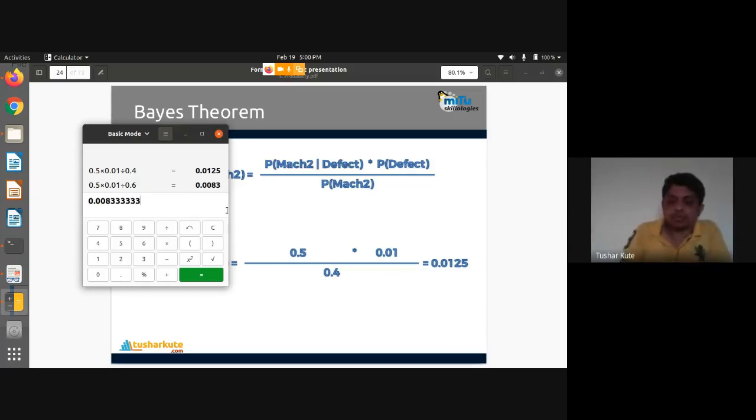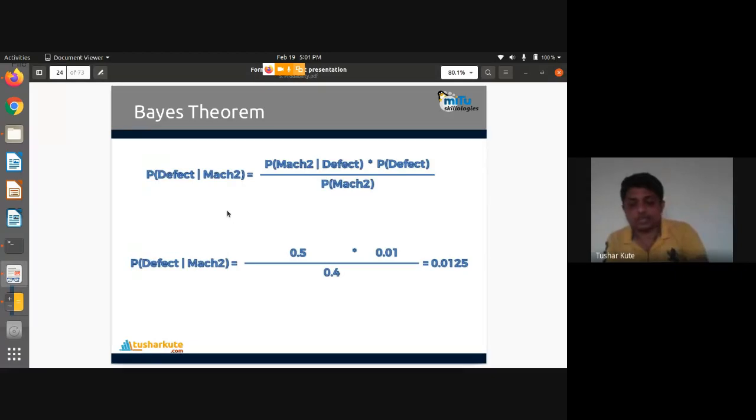If you multiply this number by 100, we get 0.83% probability for machine 1 and 1.25% for machine 2. Obviously we have seen the speed of machine 1 is great, and with 50-50 defects, the probability will be less: 0.83% for machine 1 and 1.25% for machine 2. This is what Bayes' theorem tells us.